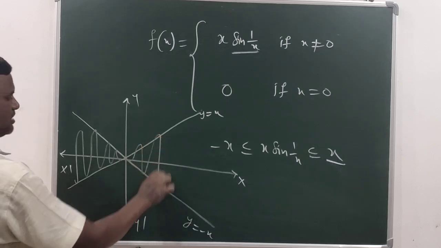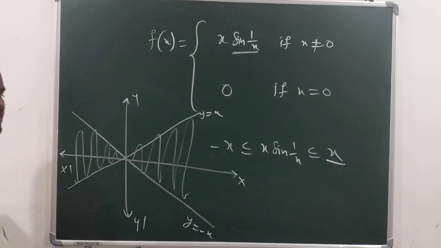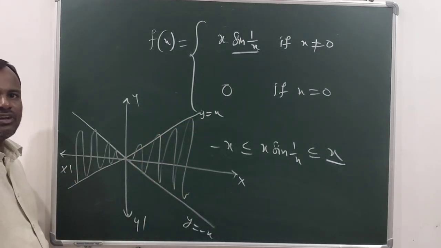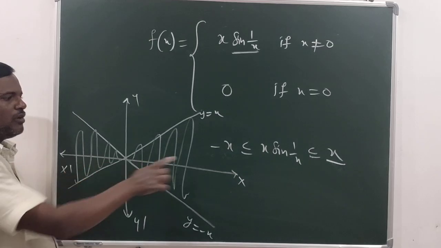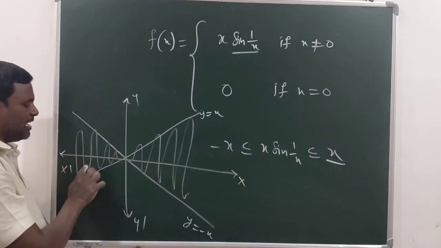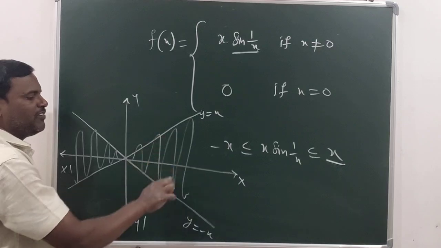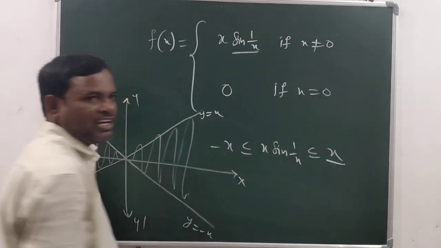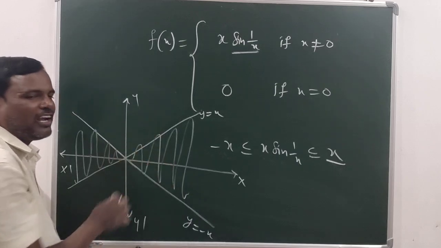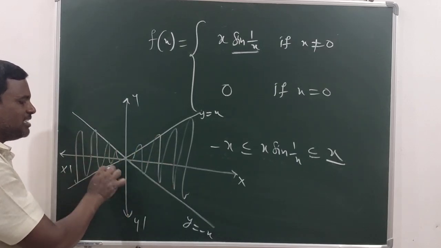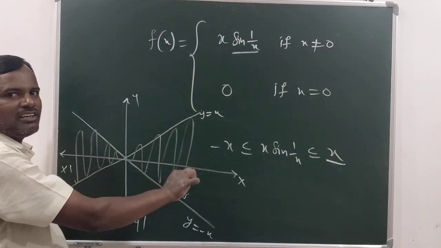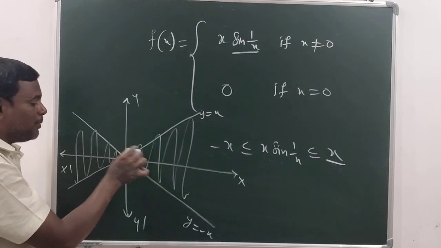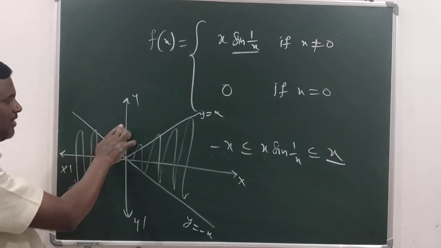You get the curve like this with a high frequency. If you draw the graph of this, you may get like this with high frequencies. So, here this function's range is not attaining a fixed value. It is oscillating like this with high frequency, not reaching a particular real number on the y-axis.